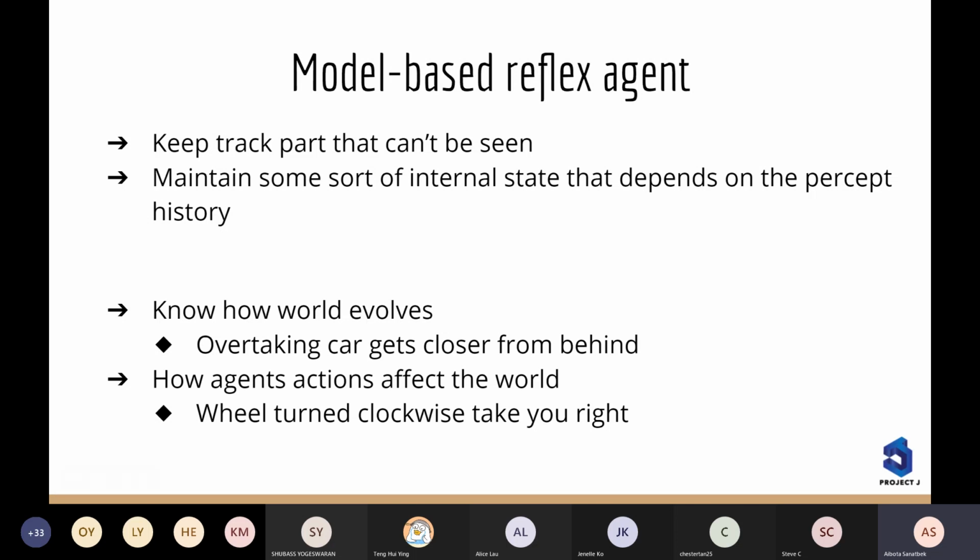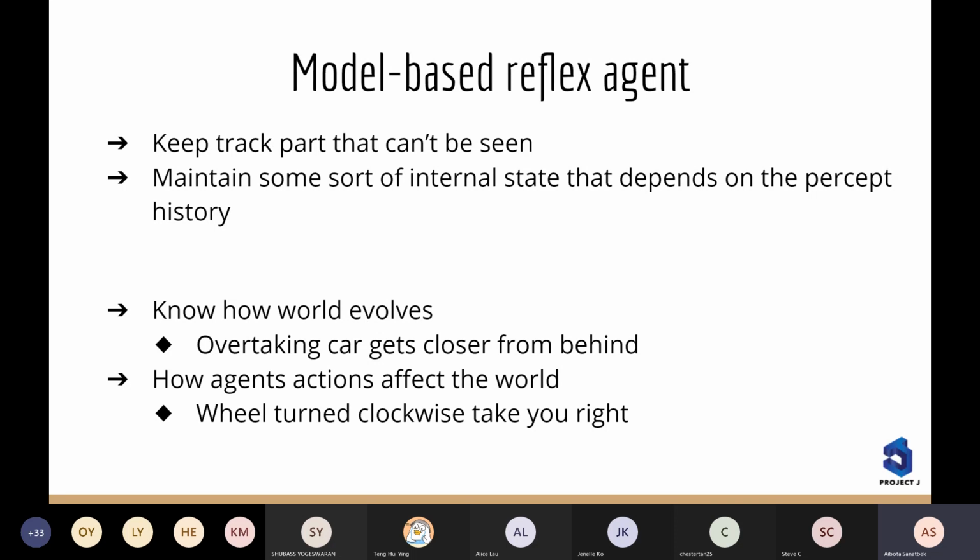So an example would be, let's say we have an agent whose task is to drive. A driving agent, if the driving agent was a model-based agent, it will know if a car is approaching from behind, and it can alter its actions based on that information.